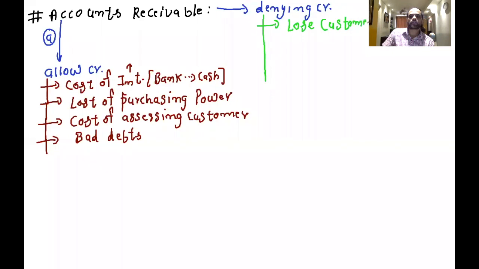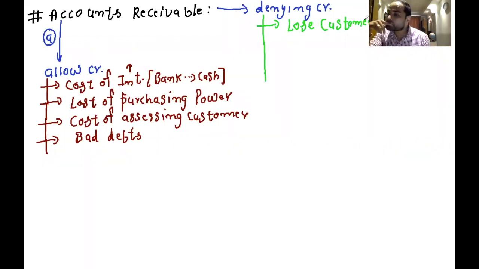Why lose customers? As we know, customers prefer to buy on credit instead of cash. All right. So if a customer comes to you to buy a product and you say, sorry, we do not sell on credit, we only sell on cash, then the customer will go to another shop or another business or another company which allows customers to buy on credit.